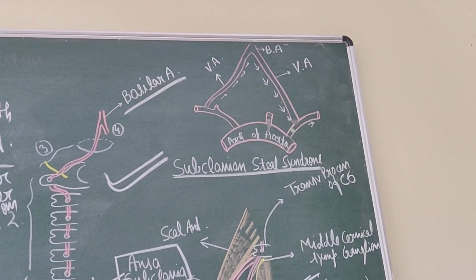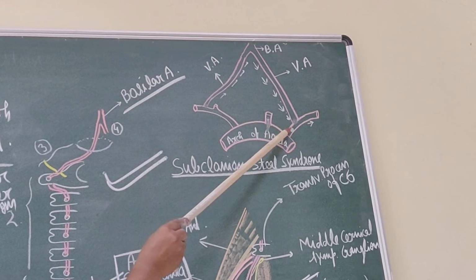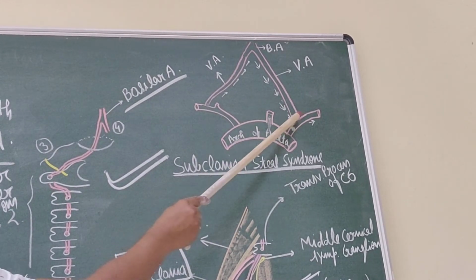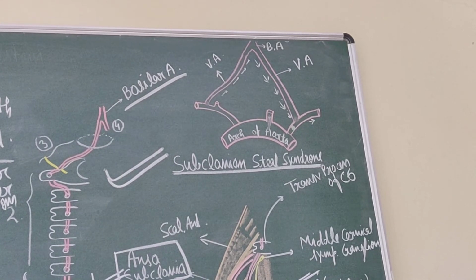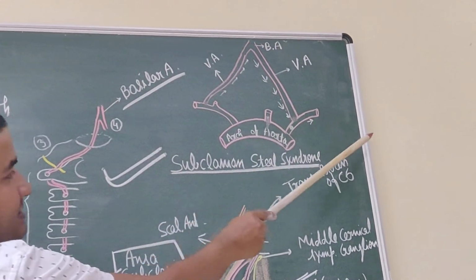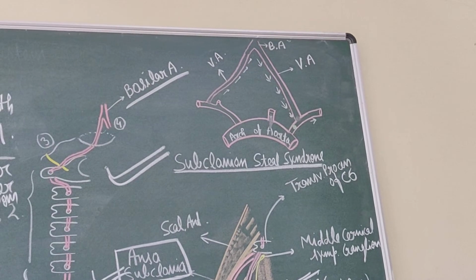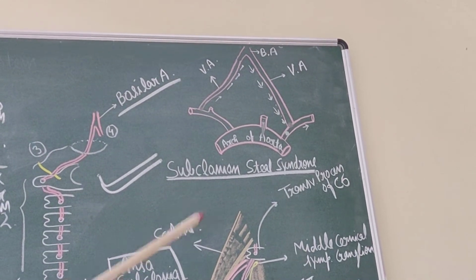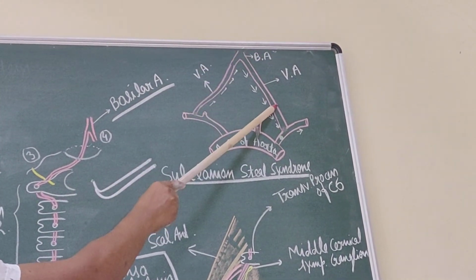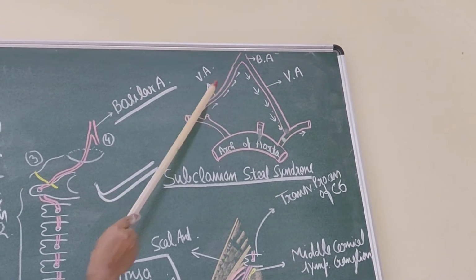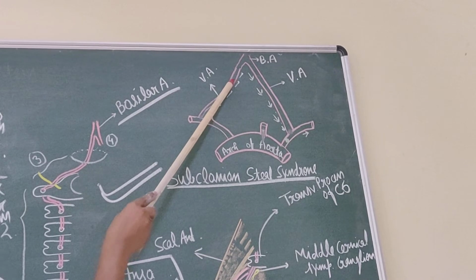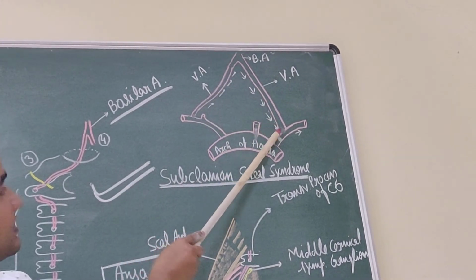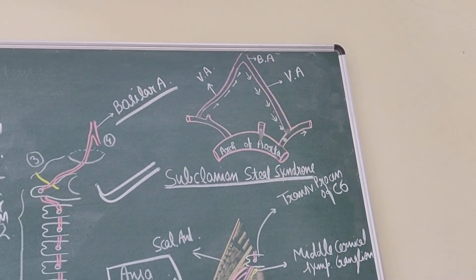Means if obstruction occurs in the subclavian artery proximal to the origin of this vertebral artery, then what happens? It will hamper the blood supply of the upper limb. In such a condition, this vertebral artery steals some amount of blood from the other side artery, and the blood will flow in this direction and supply the upper limb.